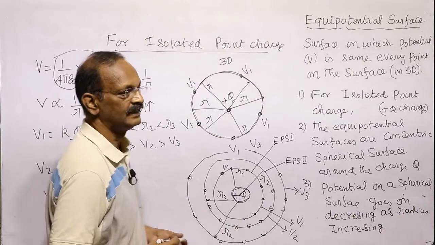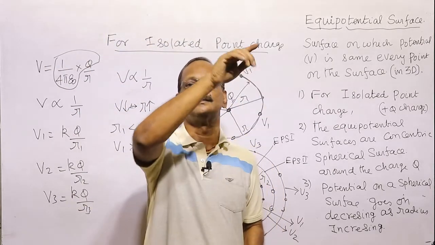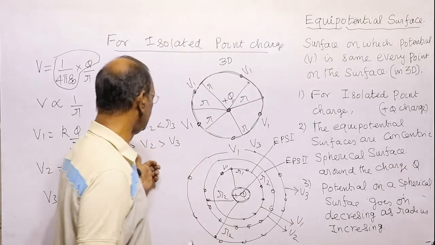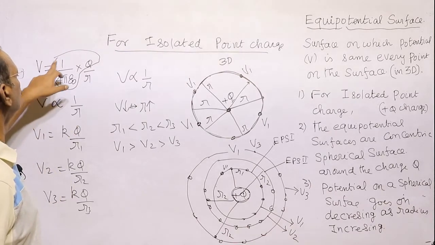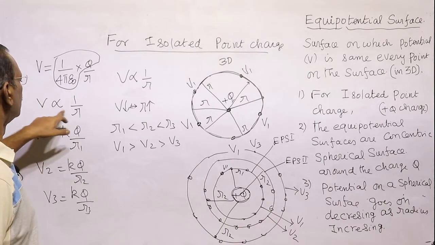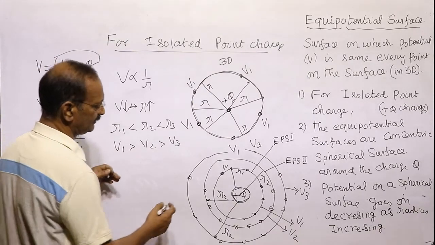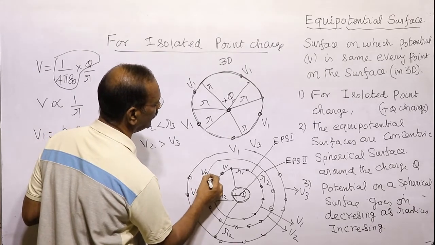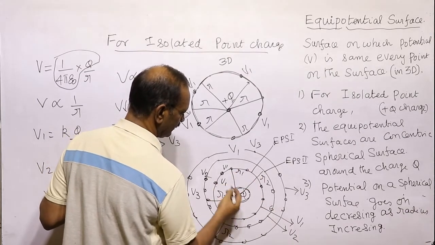So the potential on this one shell is equal everywhere on the surface, and another shell is also equal everywhere, but V1 is not equal to V2 because V depends upon R. V1 is proportional to 1 by R1, V2 is proportional to 1 by R2, V3 to 1 by R3. So the potential at this point is V3, this will have a potential of V2, this will have a potential of V1, and each is an equipotential surface.